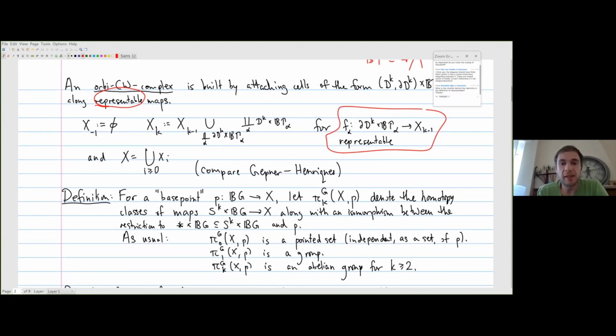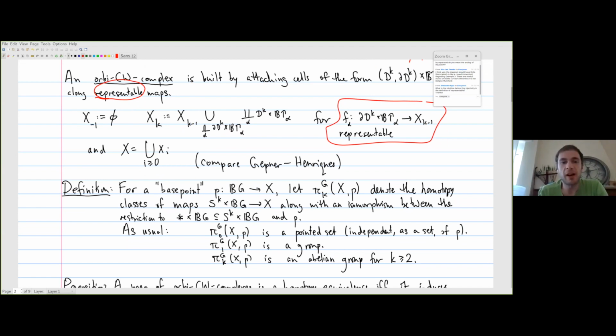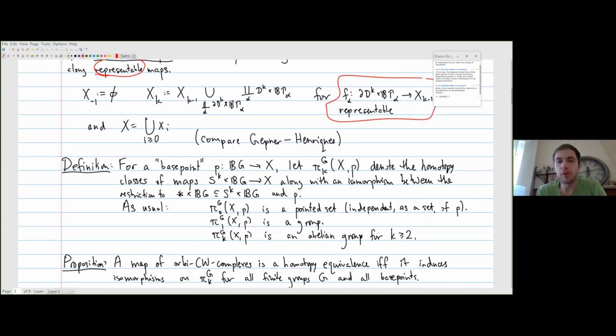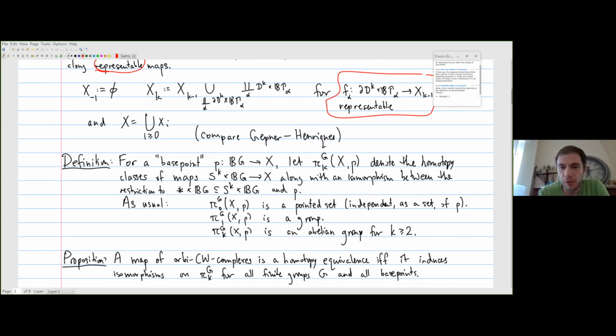Okay, so for this notion of homotopy groups, you have Whitehead's theorem. A map of Orbi CW complexes is a homotopy equivalence if it induces isomorphisms on all of these homotopy groups with respect to all base points. Now, I want to say one remark about this all base points thing. It's common when you're just talking about spaces to want to simplify your situation so that you can get rid of this all base points thing and just talk about one base point.